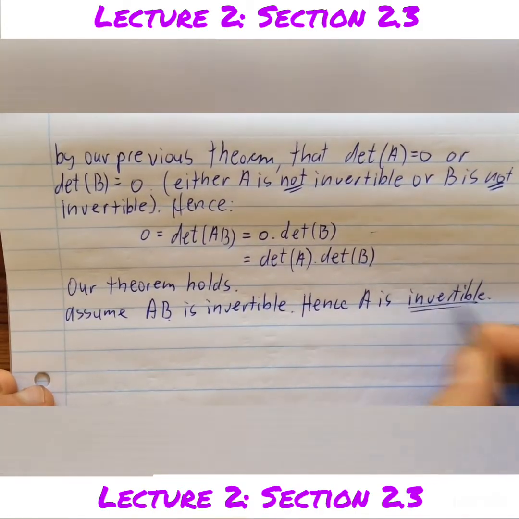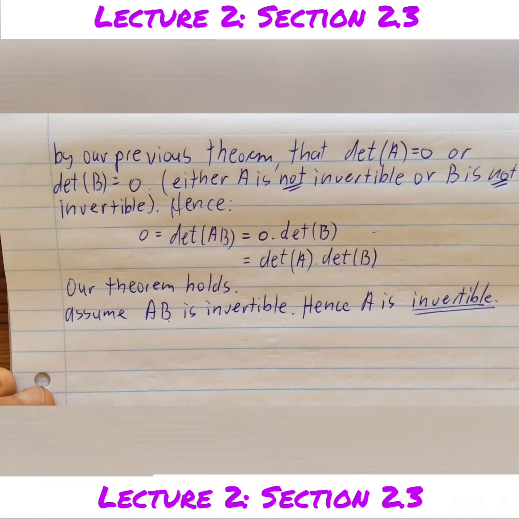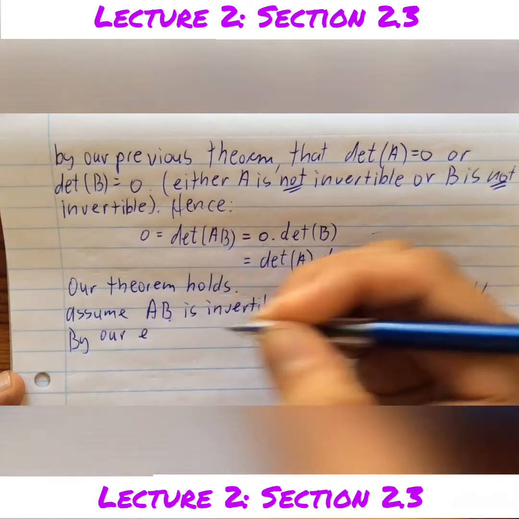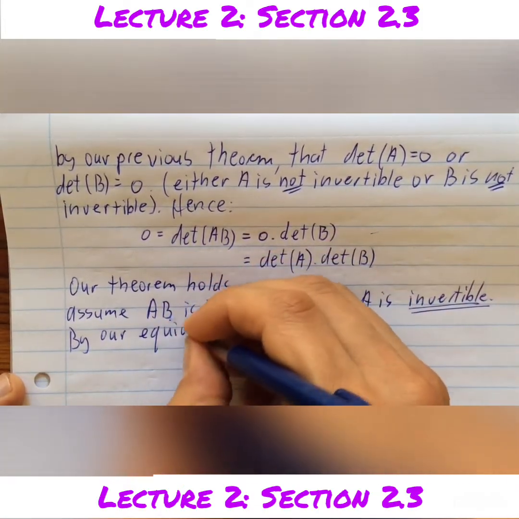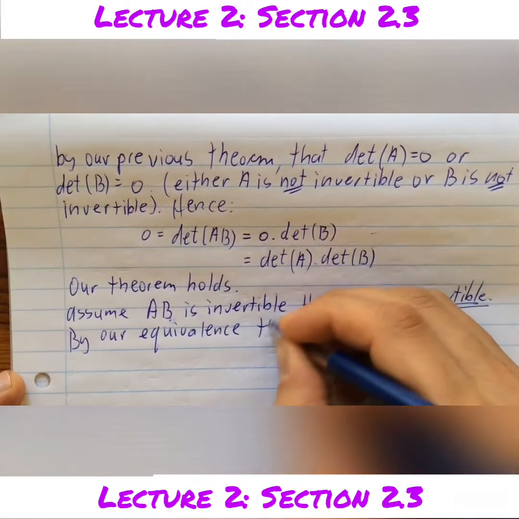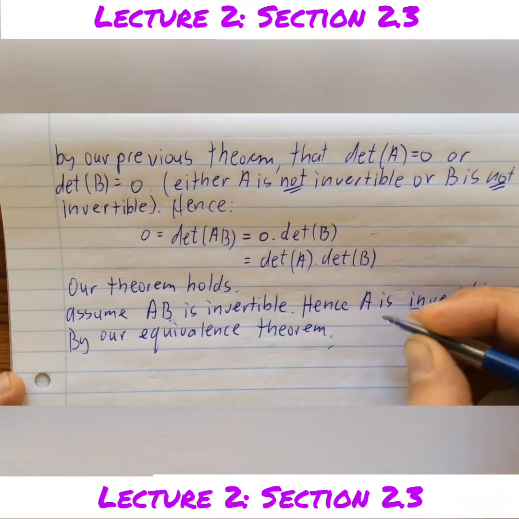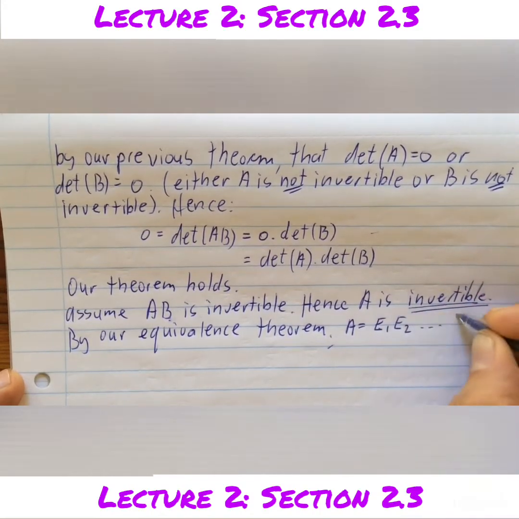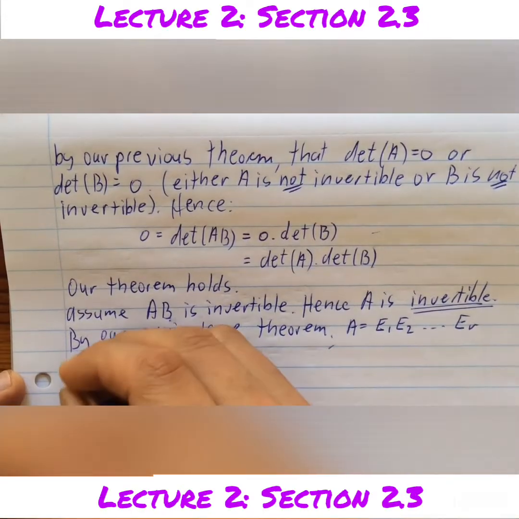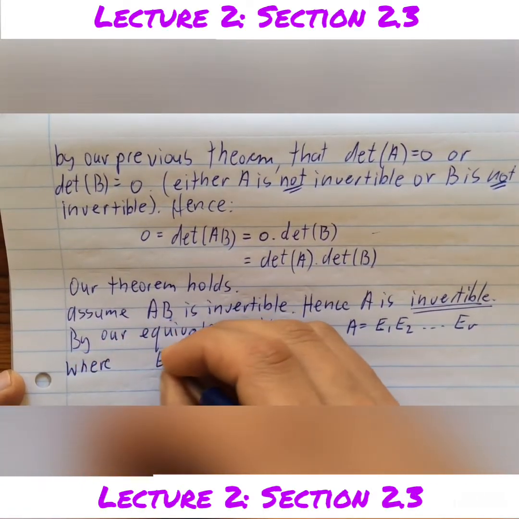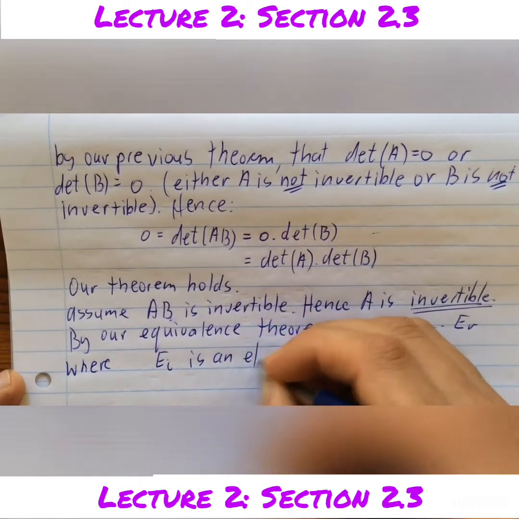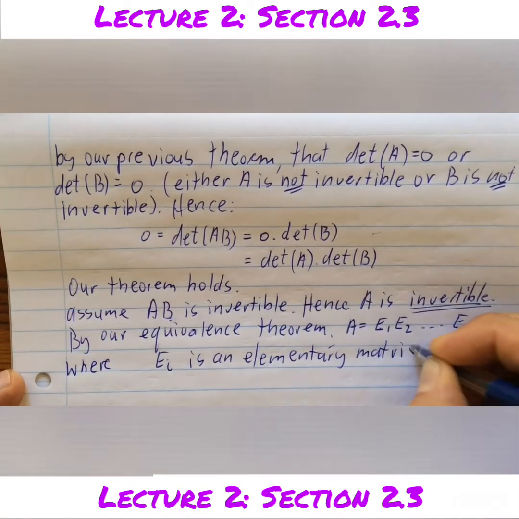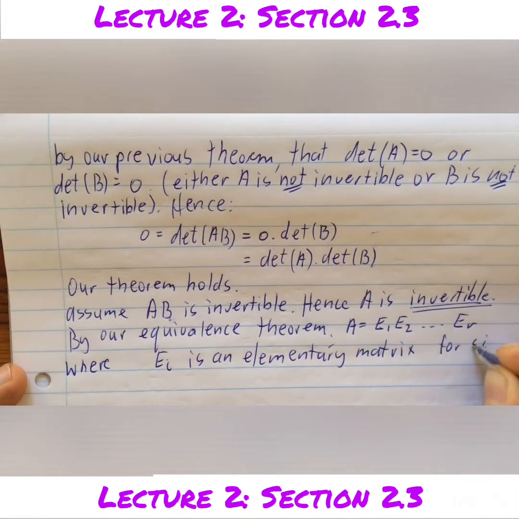A is definitely invertible, and by the equivalence theorem, A is a product of elementary matrices, where E_i is an elementary matrix for all indices between 1 and r.